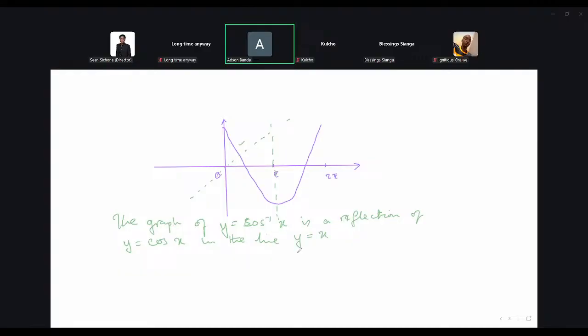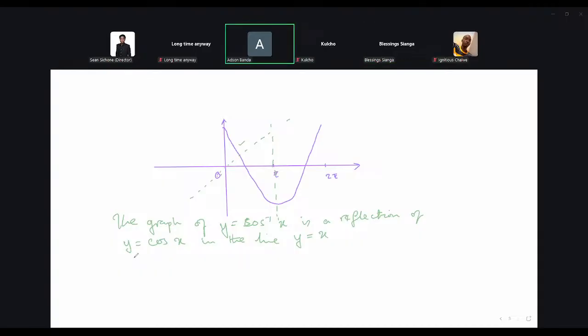So you just look at the graph you have, reflect it in that particular line, then you get the graph of the cosine. So like I said, I'll not draw this graph, but you can know how they are related.